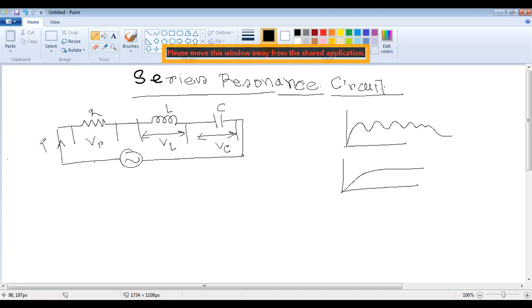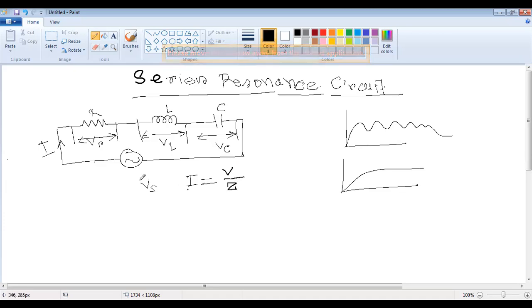And the current flowing is I, and this is VS, or you can say this is the total V. Here I is just V by Z, where V is somewhere denoted as the source voltage, somewhere denoted as V only. And I is in amperes.